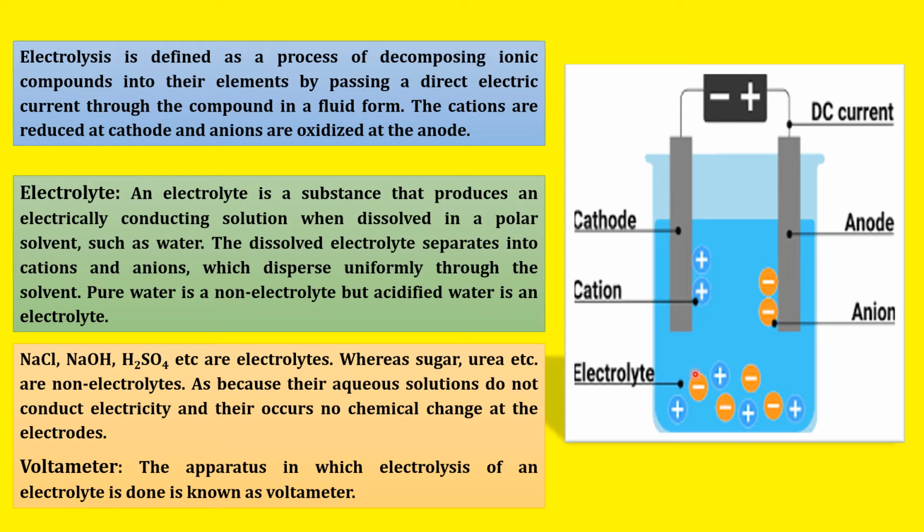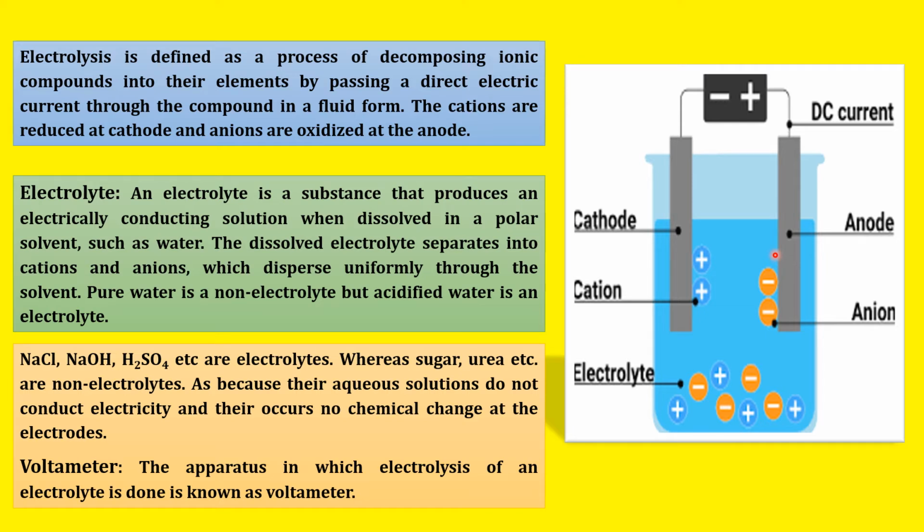Anion is negative, anion goes to anode, that's why anode is positive. Why the electrodes carry the opposite charge of the ions, I will discuss later when I discuss the process of electrolysis.